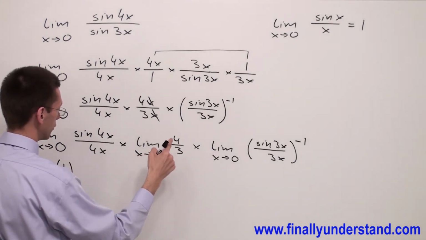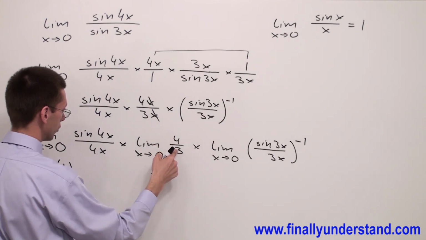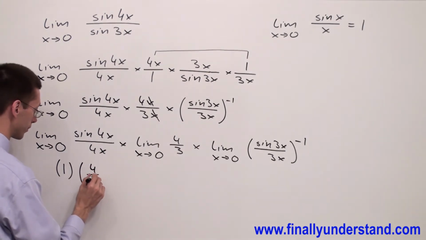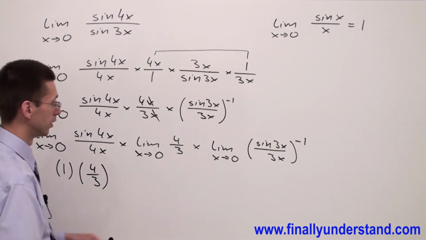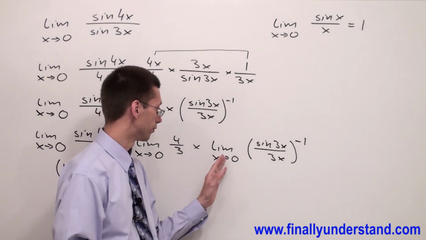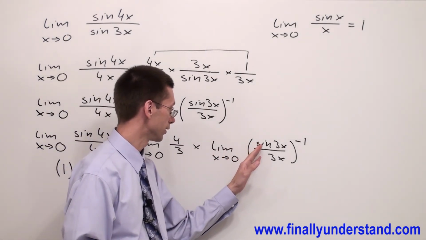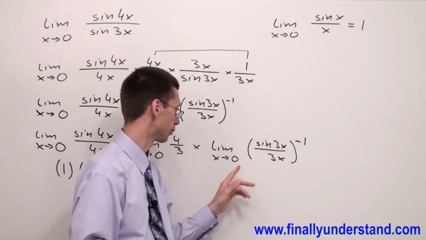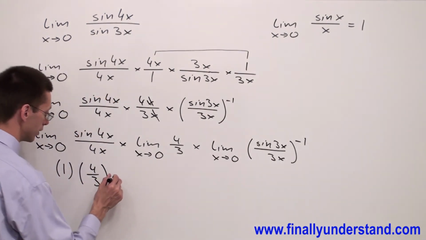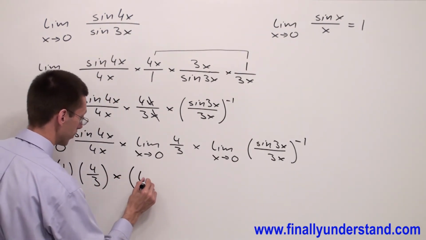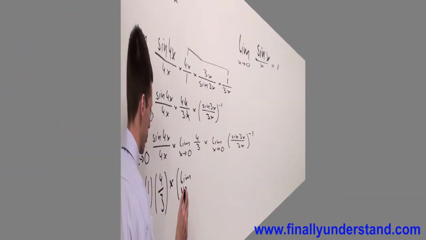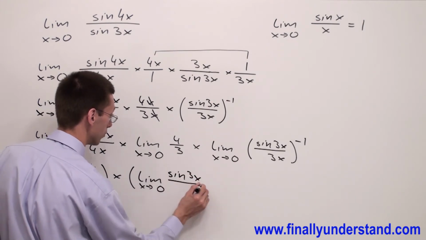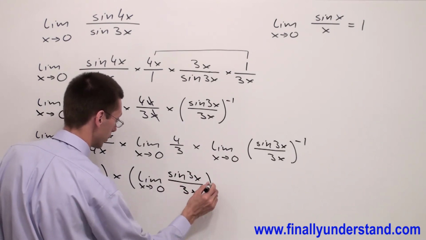Limit of 4 over 3, limit of constant is equal to constant. Now, limit of sine 3x over 3x to the exponent negative 1 with x approaching 0, you can rewrite as limit x approaching 0 of sine 3x over 3x to power negative 1.